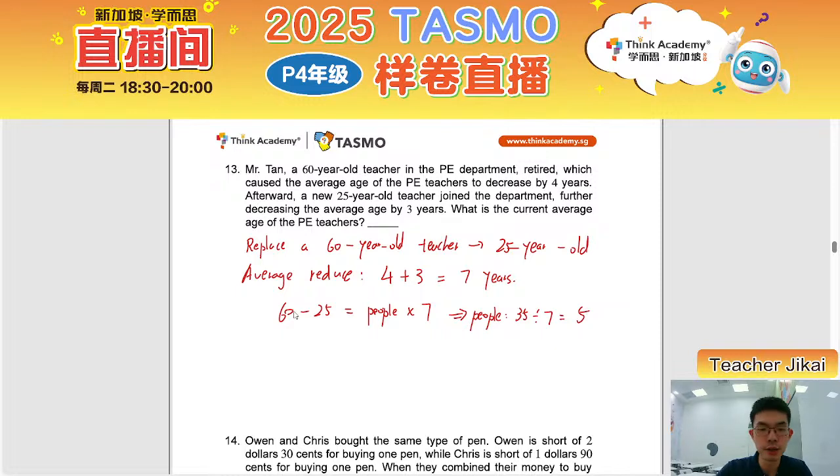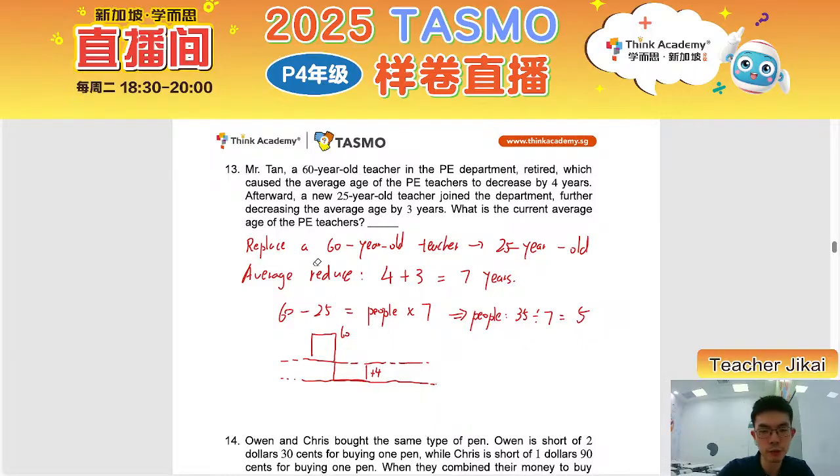So we can build a model, right? Just assume this is the average. So this is Mr. Tan's age, and we know he is 60 years old. And everybody in the average plus a 4. Right, the decrease 4. So everybody's age minus 4.